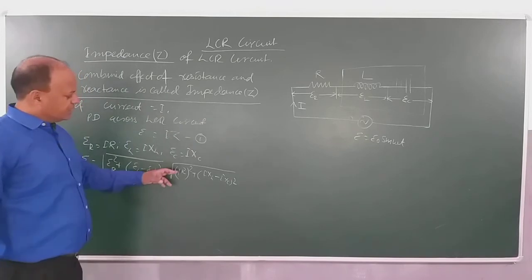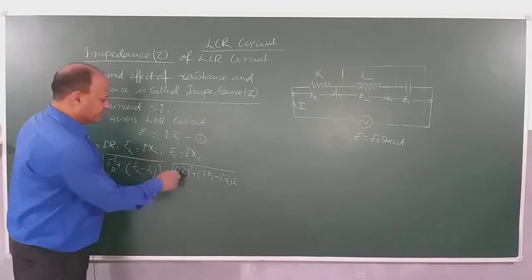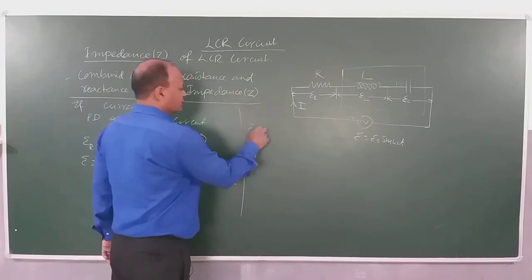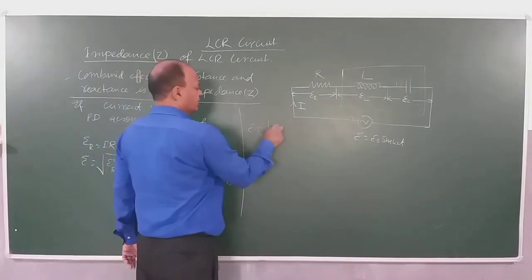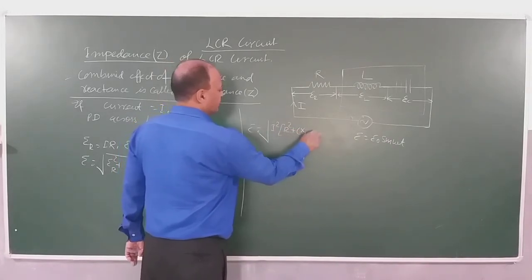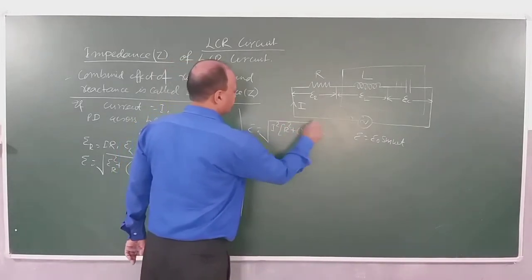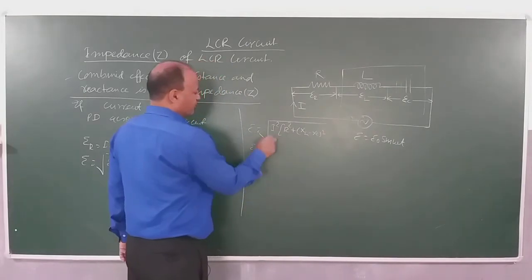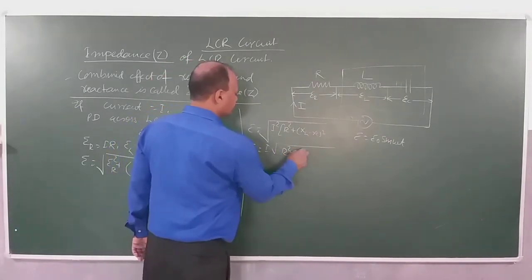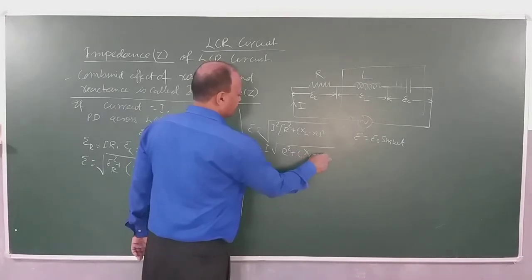You can see that I square will be common in both the brackets. So I can also say E is equal to root over I square into R square plus XL minus XC whole square. I can be taken out as common from the root.